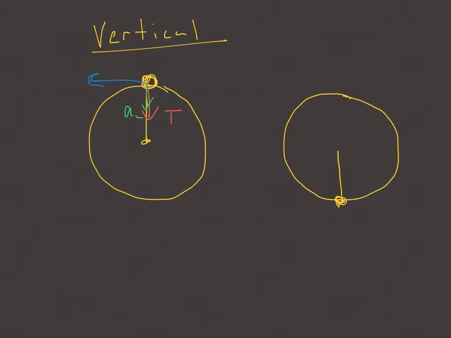So we're just going to do a general case here. When it's on the bottom, the tension force will be up towards the center. The acceleration would also have to be towards the center, Newton's second law. And then, again, the velocity going this way. However, there's more than one force acting on a vertical circle.